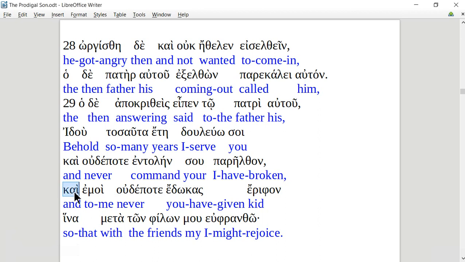And kai, probably better here to translate as but for me, you never gave a kid to me, so that with my friends I might rejoice.